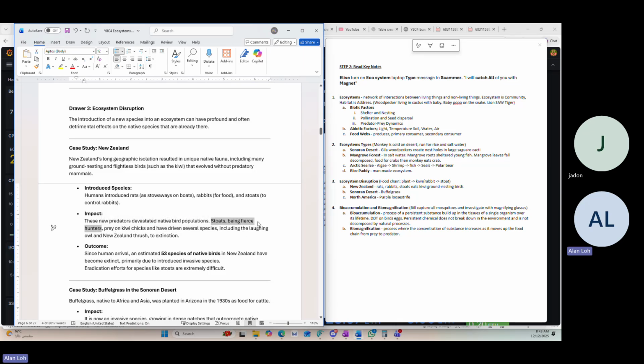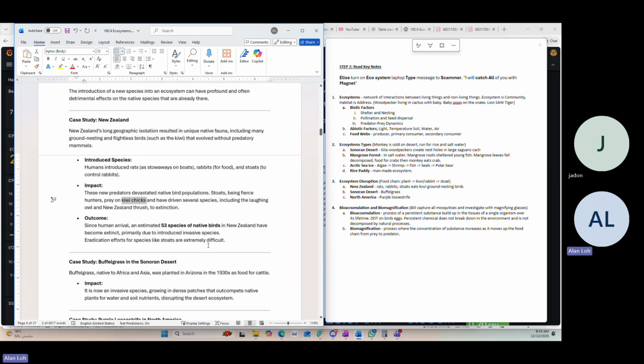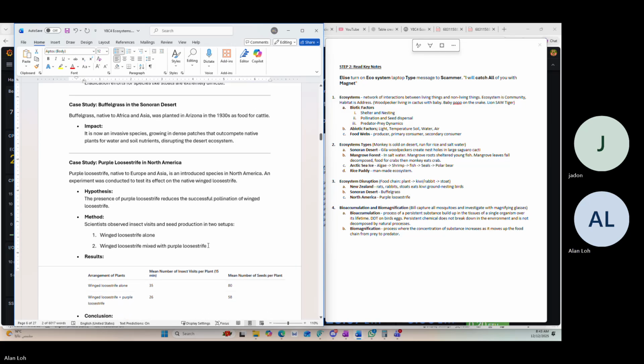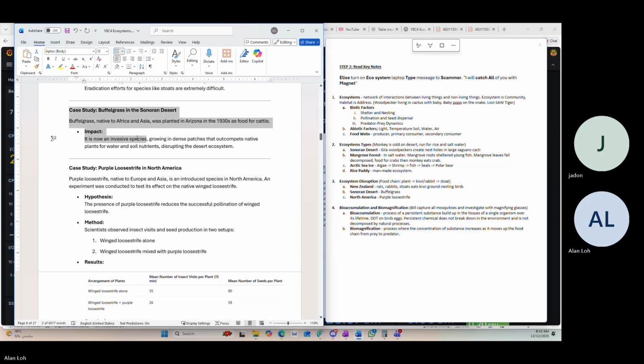So rather than eating the rabbit, they eat the kiwi chicks. Okay, now let's continue to this case study. Let's read this first, very short one. This is drawer number 3, point number 2.